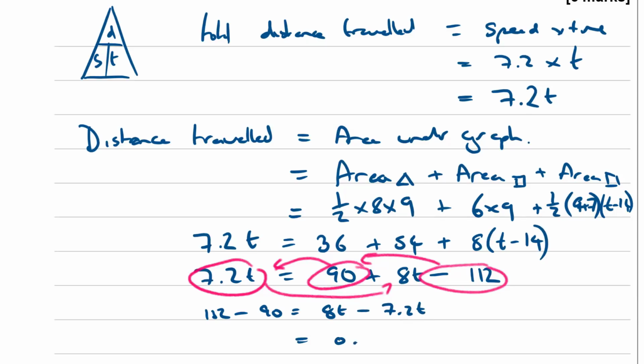So that's going to give me 0.8t on the right, and 112 take away 90 is 22. So 0.8t is 22. Then dividing by 0.8 should give me the value of t. So I make that t equals 27.5.